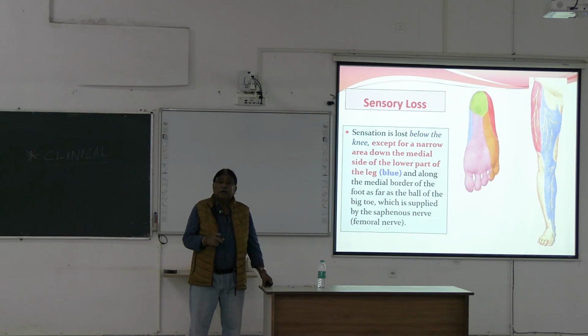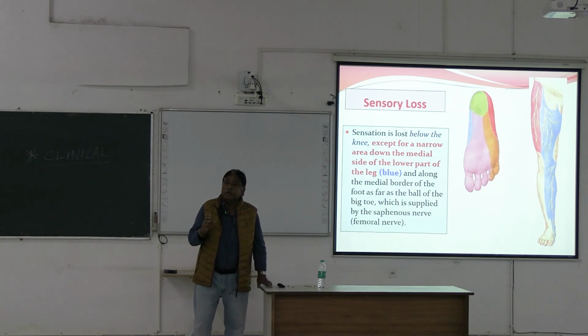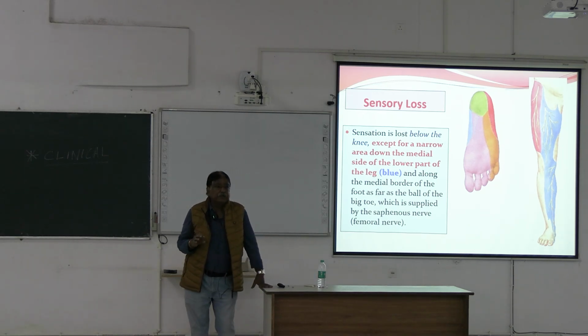I had a professor, Professor Moitro. In those days he was a diabetologist. In the year 82, 83, every patient he used to see, he would check the plantar reflex, the knee jerks, everything.